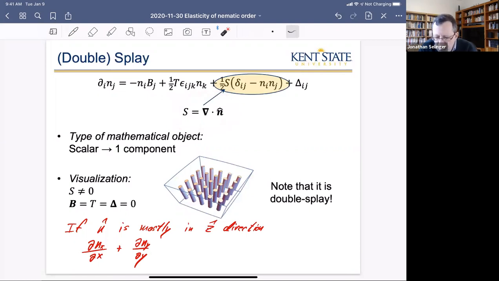So this type of mathematical object is just a proper scalar. It's proper because it doesn't have any Levi-Civita symbol or any right-hand rule in it. It's a scalar. It's just a single number which stays the same if you rotate everything about the vertical axis.